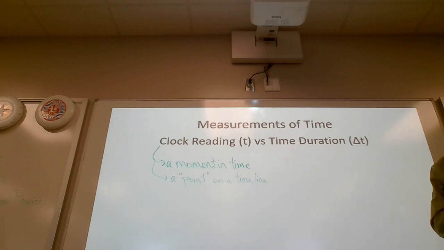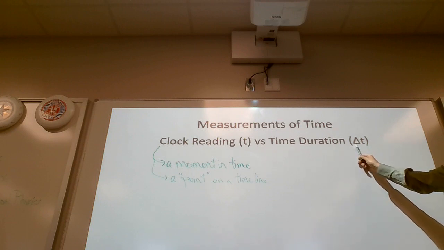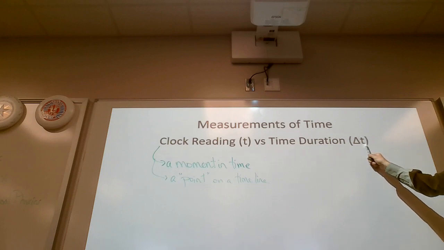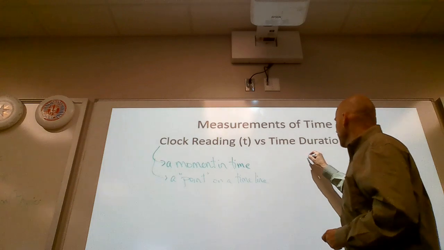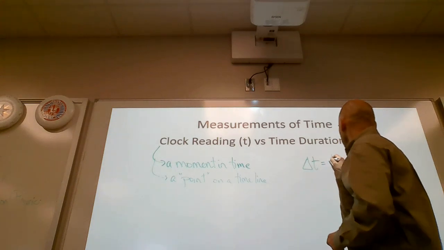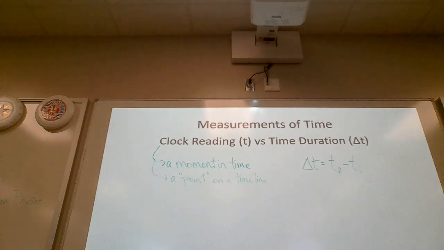Versus a time duration. What does delta stand for? Change in time or clock reading. So delta t is final clock reading minus initial clock reading.